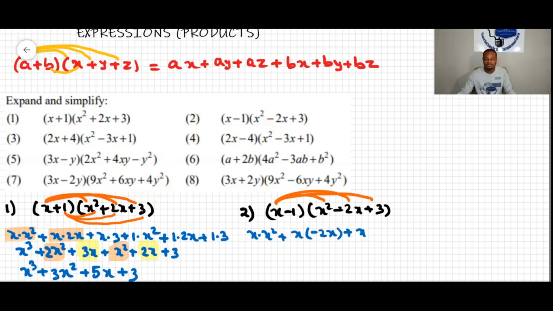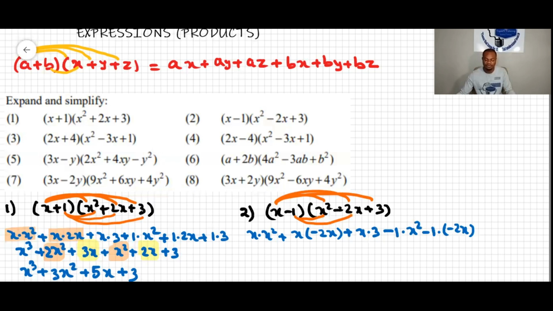Now we can do the negative 1: negative 1 times x squared, and then negative 1 times negative 2x.